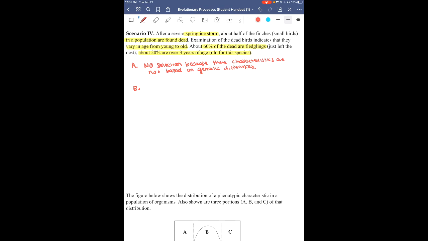So that's why it doesn't make logical sense. Let's assume that this is selection and that we're selecting for middle-aged birds. It doesn't make sense because the middle-aged birds would have had to be a young bird at one point. So if young birds are selected against, then it doesn't make sense how middle-aged birds could be selected for when they're selected against when they're babies.